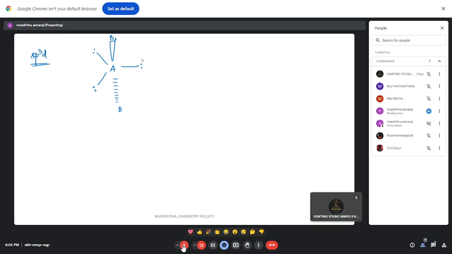Now tell me what would be the shape of this molecule? Very simple. Connect all those atoms and see what shape you're getting. It is linear. It is just linear.